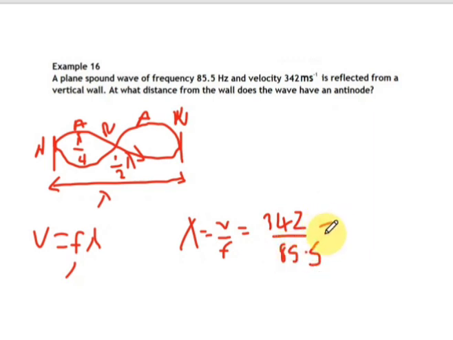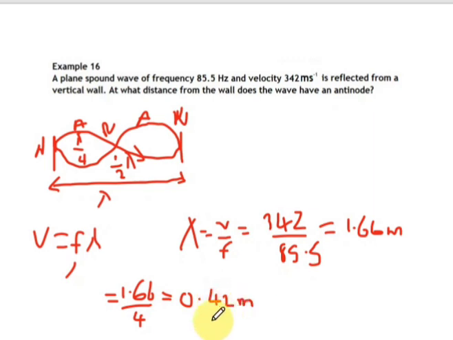And that's going to give us 1.66 meters. So a quarter wavelength is going to give us an antinode. So that's 1.66 divided by 4. That is equal to 0.42 meters.